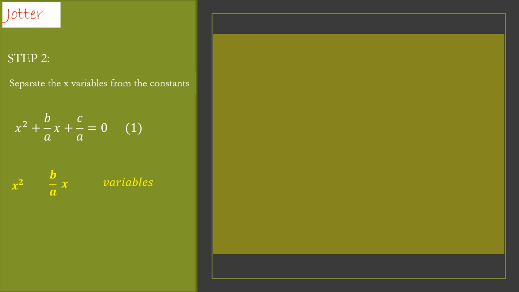So we have x squared and b over a x, because x is involved, as variables, and c over a is a constant. And so we want to move the c over a, that constant, to the other side of the equation. In that case, we have to subtract c over a from the left hand side and also subtract it on the right hand side.